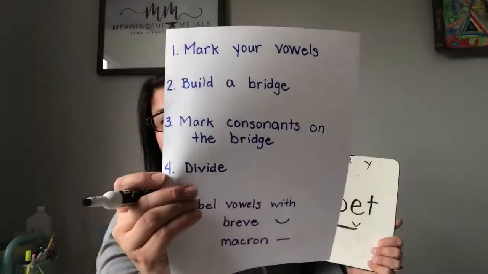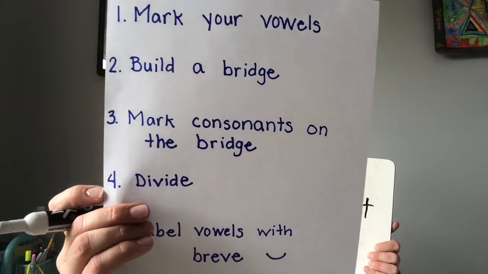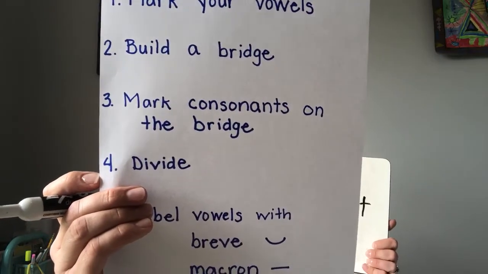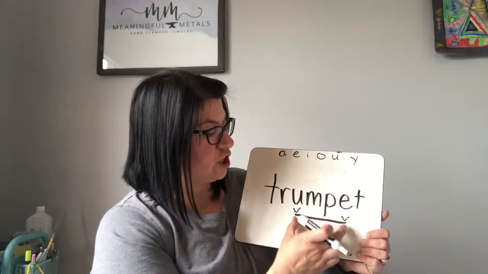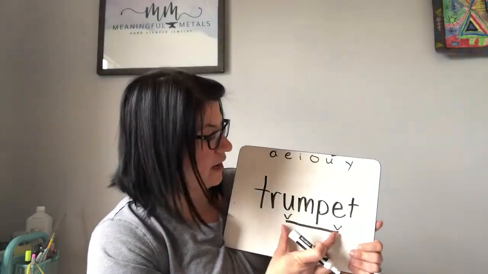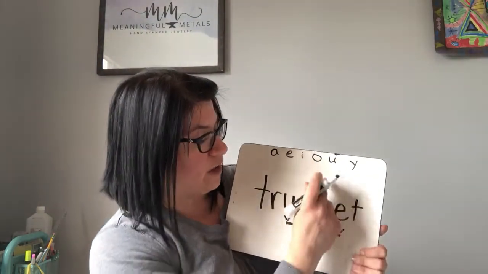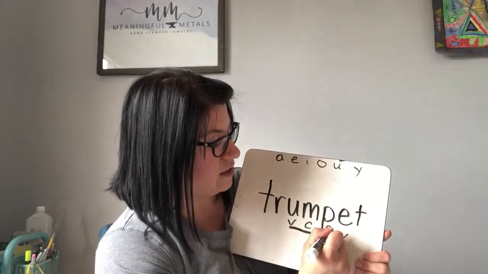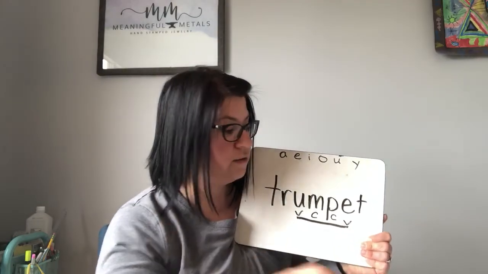Step 3, mark the consonants on the bridge. You're writing step number 3, mark consonants on the bridge. So we're just looking at the consonants that are between these 2 vowels, right? We have an M, M is a consonant, and we have a P, P is a consonant also. So there, I have my V, C, C, V pattern. This is a pattern that you're going to get used to seeing.